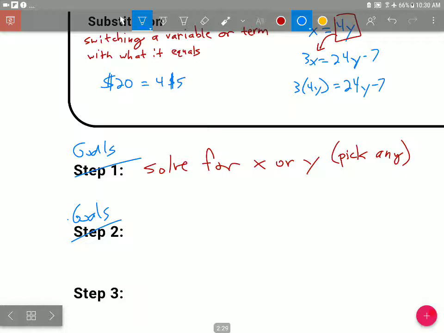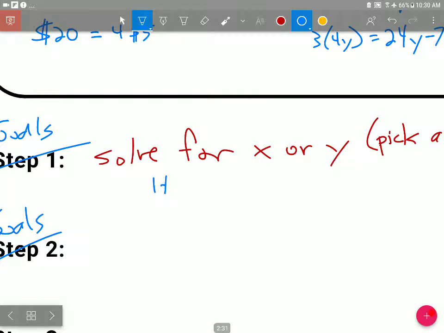So, as a hint, I would find the easiest one. Find the easiest. Don't make it any harder than it has to be. Cool?